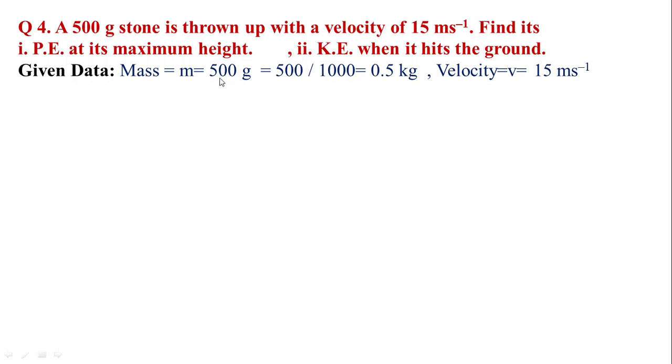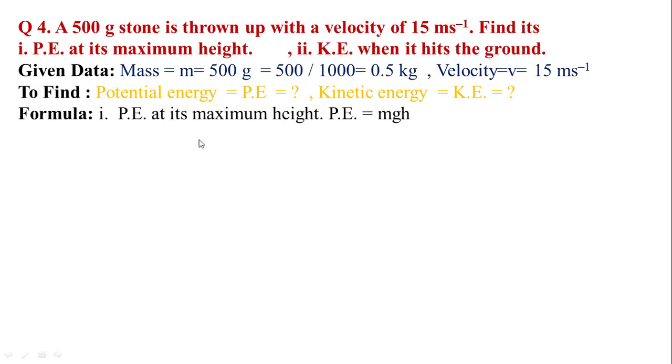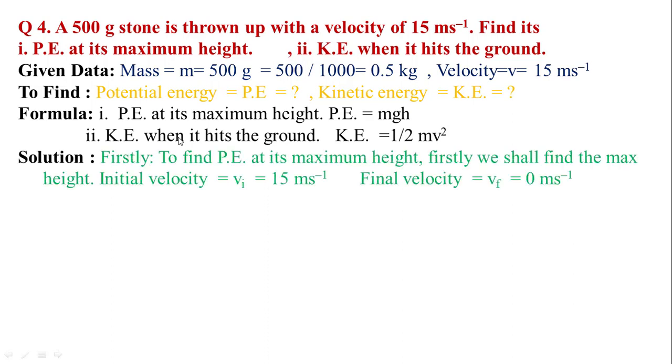Convert into kg, when gram converts into kg, divide by 1000. 500 divided by 1000 is equal to 0.5 kg. Velocity v is equal to 15 meters per second. To find potential energy PE and kinetic energy KE. So, formula: potential energy at maximum height PE is equal to mgh and kinetic energy at ground state KE is equal to 1 upon 2 mv square.